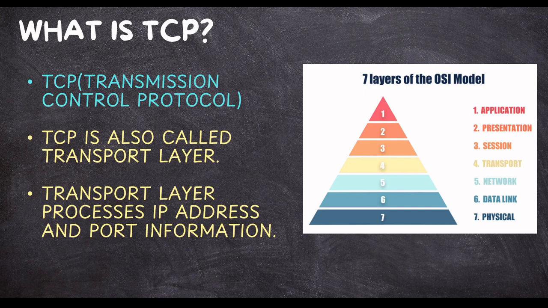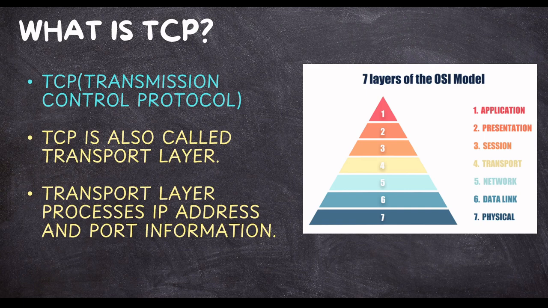Again, too much technical jargon, but let me simplify this. Most of you must already know that IP addresses are basically the addresses of your particular location on the internet. Every device in the world has an IP address. Your computer has an IP address, my computer has an IP address.